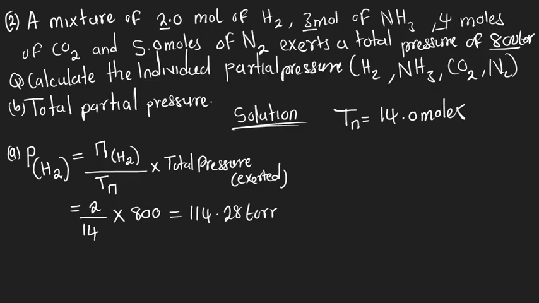Okay, the one finding for ammonia, tell us. The one finding for carbon dioxide, tell us. Let me also find for nitrogen. Partial pressure of nitrogen, number of moles over total, this is going to be 285.7 torr.